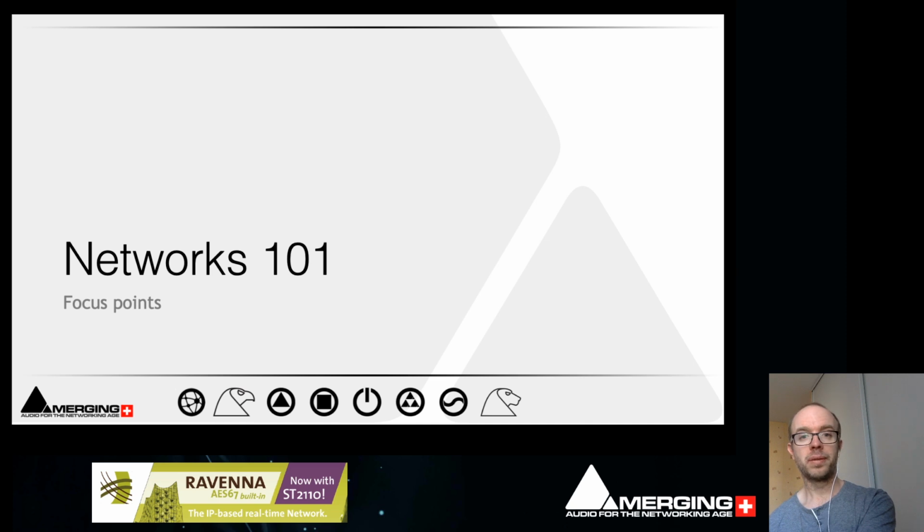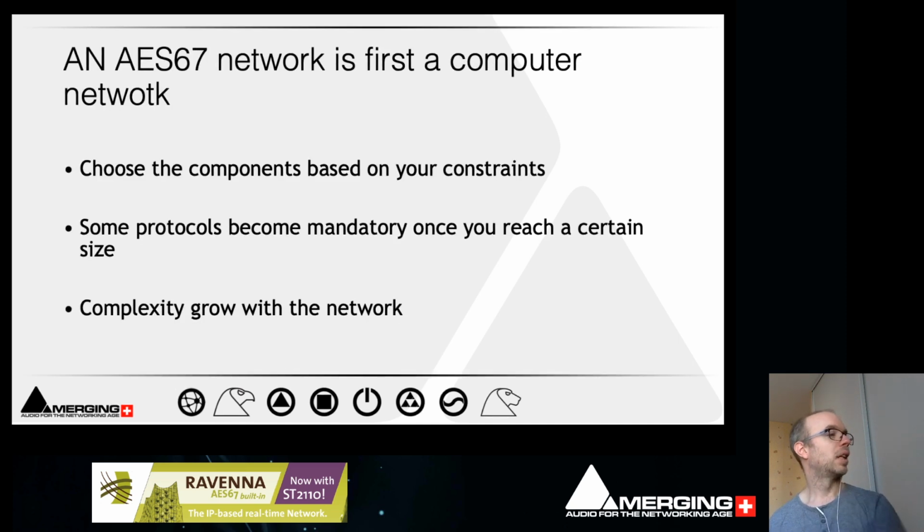So let's talk about the networks and talk about AES67 from the point of view of a computer network, because it is first and foremost a computer network. So as with any design rule for a network, you choose your components based on your constraints.